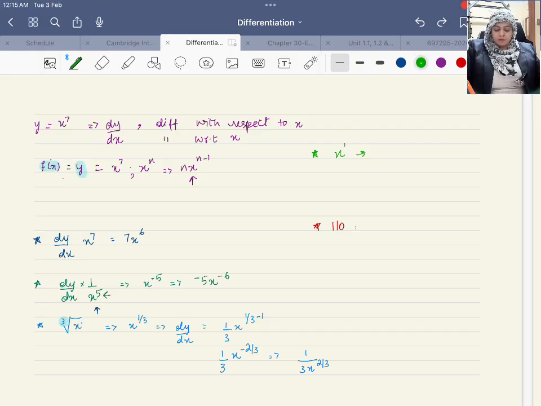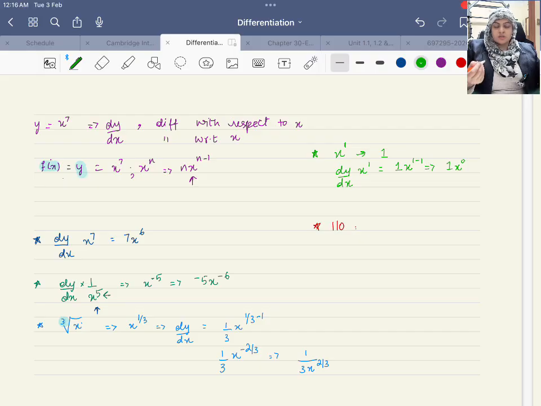Whenever we have power 1 attached with x, the differential of this is 1. Why is the differential of this 1? Not because I am saying it, I am going to show that to you. So we bring the power down, dy by dx of x to the power 1 is equal to 1 times x to the power 1 minus 1, which is equal to 1 into x to the power 0.